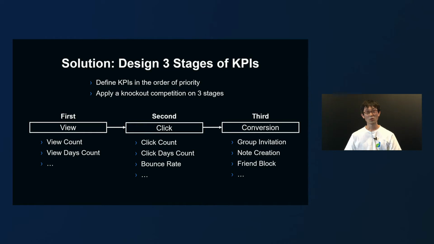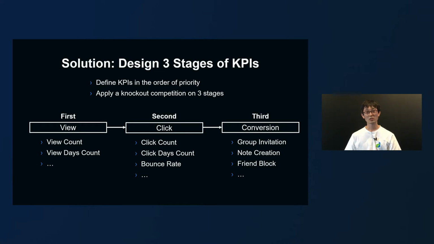As we came up with multiple KPIs, instead of narrowing down to 1, we divided them into 3 stages according to our priority, and we compared UIs in a 3-stage competition. In the first stage, whether users visit the chat menu and whether they visit more frequently were assessed.